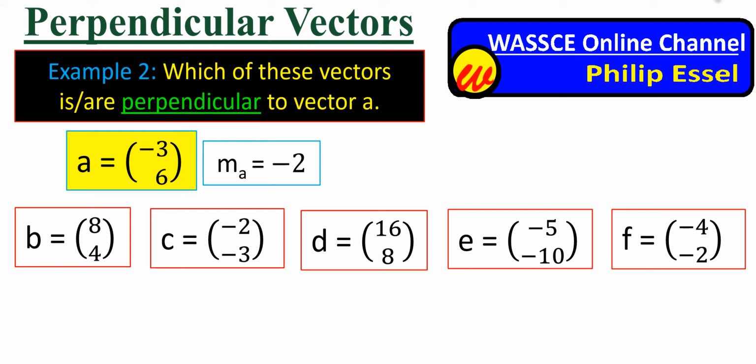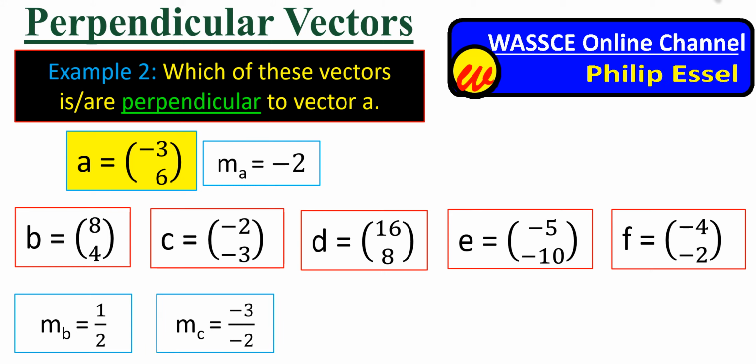The gradient of the vector B would be 4 divided by 8. When we break this down, we would get 1 divided by 2. The gradient of the vector C would be negative 3 divided by negative 2.